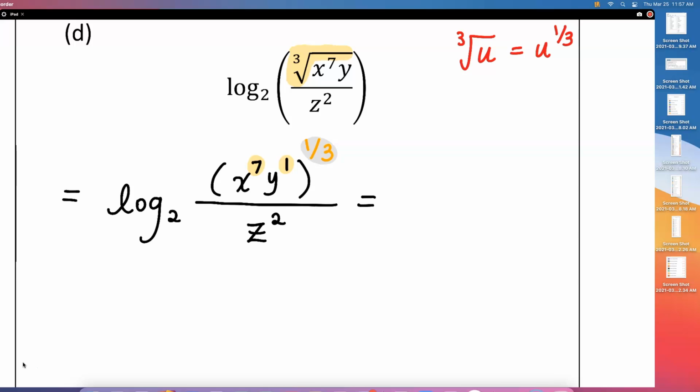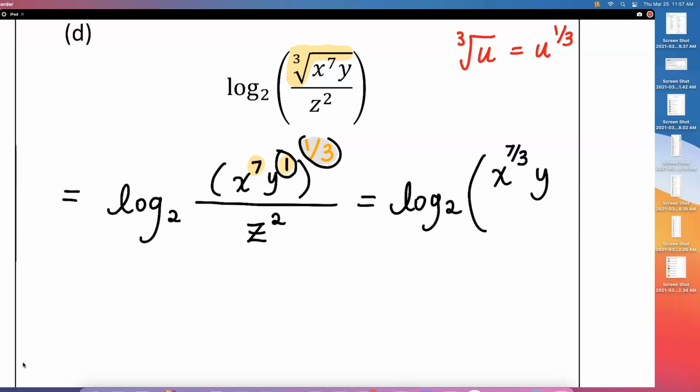So this will be log base 2 of X raised to the, now look, we're going to multiply. 7 times 1/3 is 7/3. Y is getting raised to 1 times 1/3, which is 1/3. And Z, you don't multiply that 1/3 to this 2 because Z was not under the cube root.